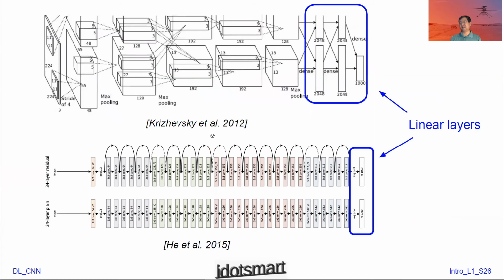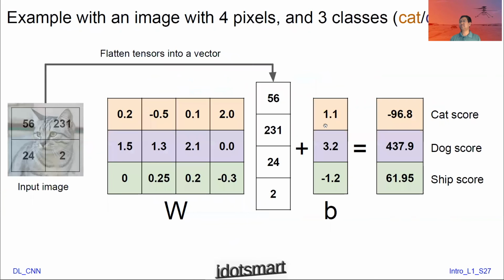Let's see an example. Such a calculation you can find in the fully connected layers in deep learning models such as AlexNet. Here, I give you an example. Suppose our image is 2 by 2 pixels, very small. If the actual image is 32 by 32 or 800 by 600, it's the same thing.